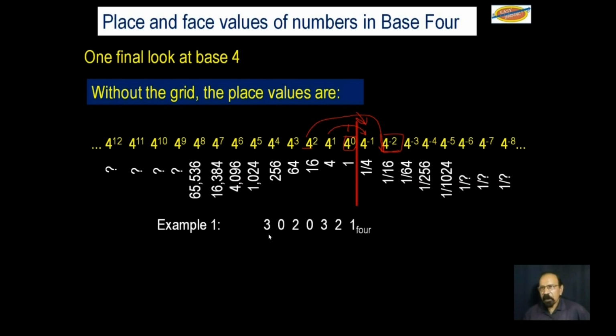So let's look at an example. 3020321 in base 4. This digit here, we know its face value is 2. What is its place value? Well, we know that this first position here is 4 to the 0 power. Sometimes we forget this is 4 to the 0 power.